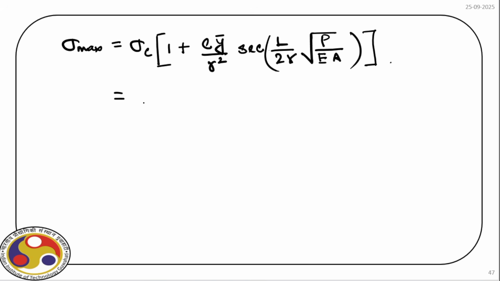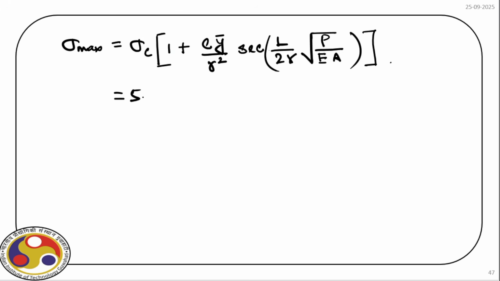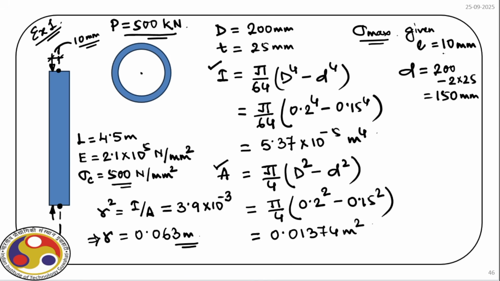Okay, so sigma C is given, and that is 500 Newton per millimeter square. So this is 500. Then within bracket we have 1 plus e, eccentricity, which is 10 millimeter.